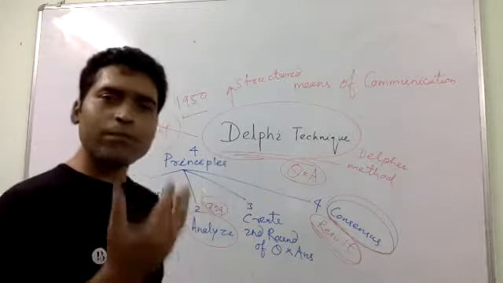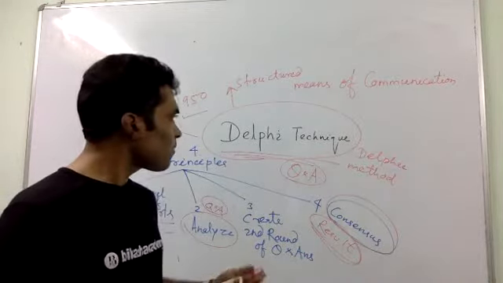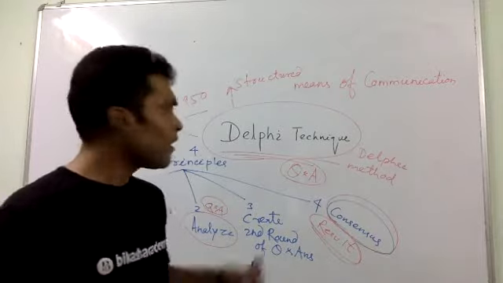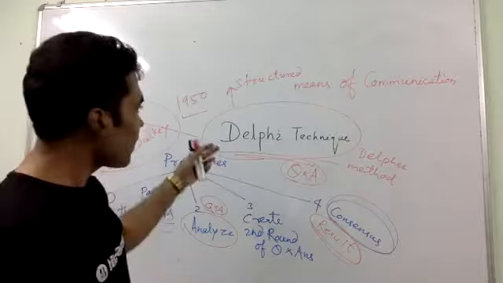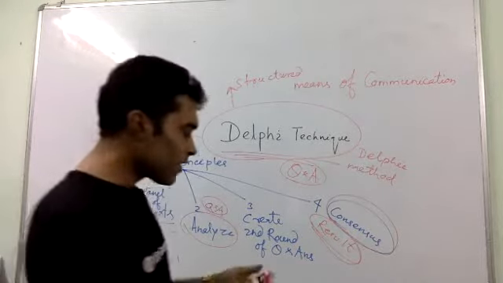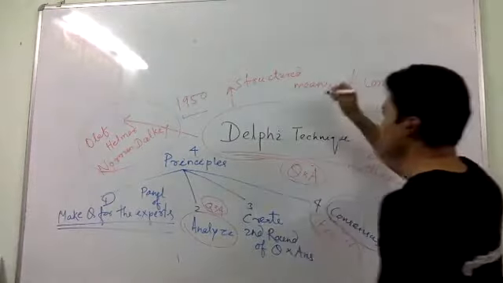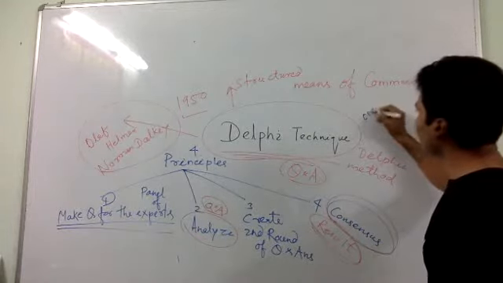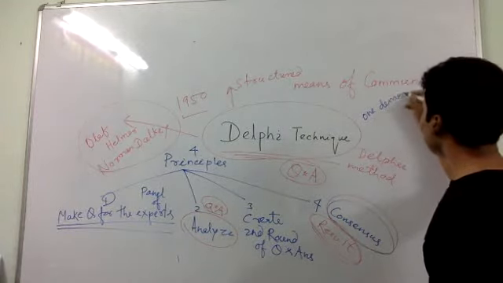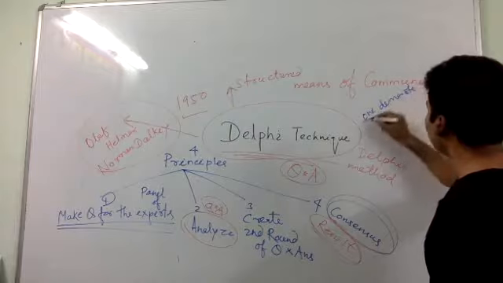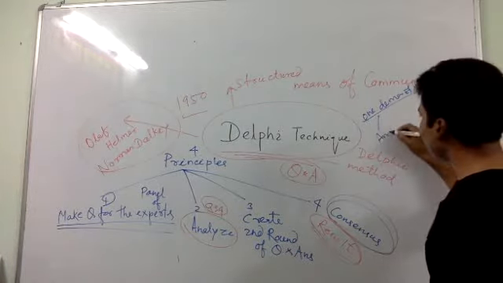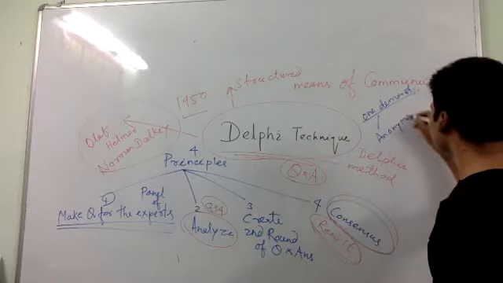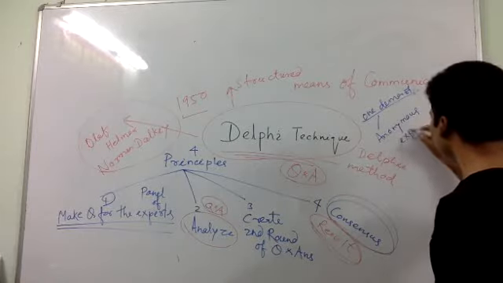It has lots of merits, and you have to know also the demerits. In the Delphi technique, you don't know who the experts are. Most importantly, there are lots of advantages, but one demerit you can say is anonymous experts.